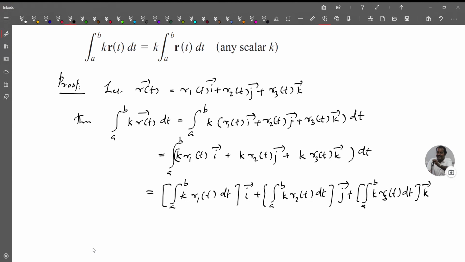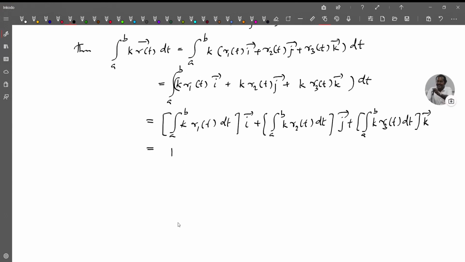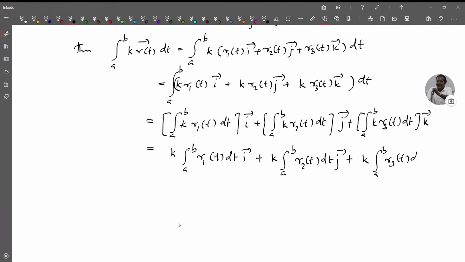So this is equal to k into integral a to b r1 of t dt i plus k into integral a to b r2 of t dt j plus k into integral a to b r3 of t dt into vector k.